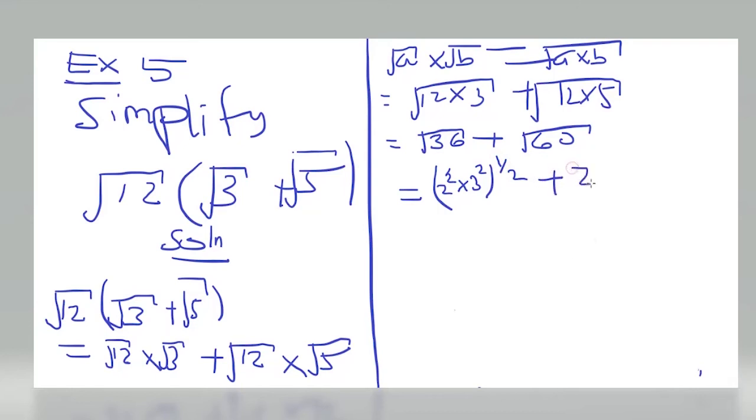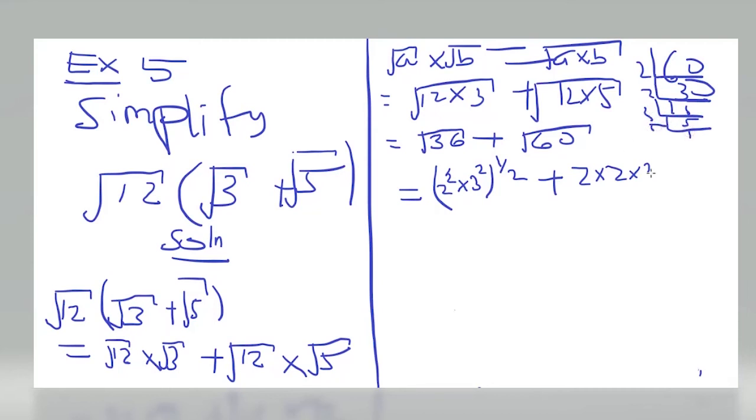Let me write the factors of 60: 60 divided by 2 is 30, by 2 is 15, by 3 is 5, and by 5 is 1.